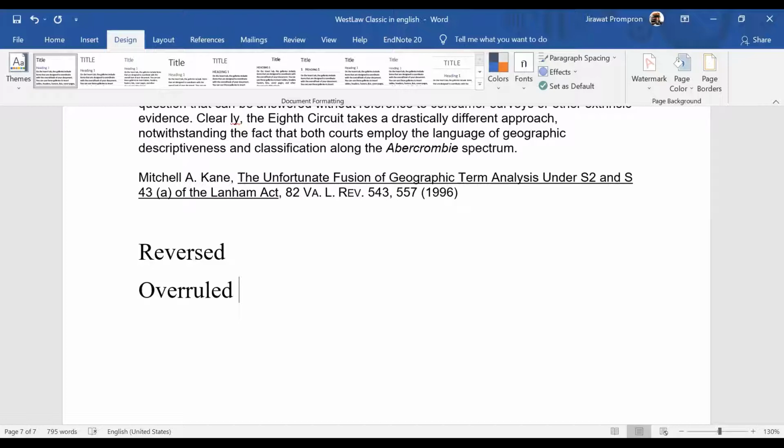Because the idea is that the higher court, in a different case, overrules the decision of another court. So it means the first case that happened in 2000, killing the dog was not guilty. But after that, they followed that decision until now.